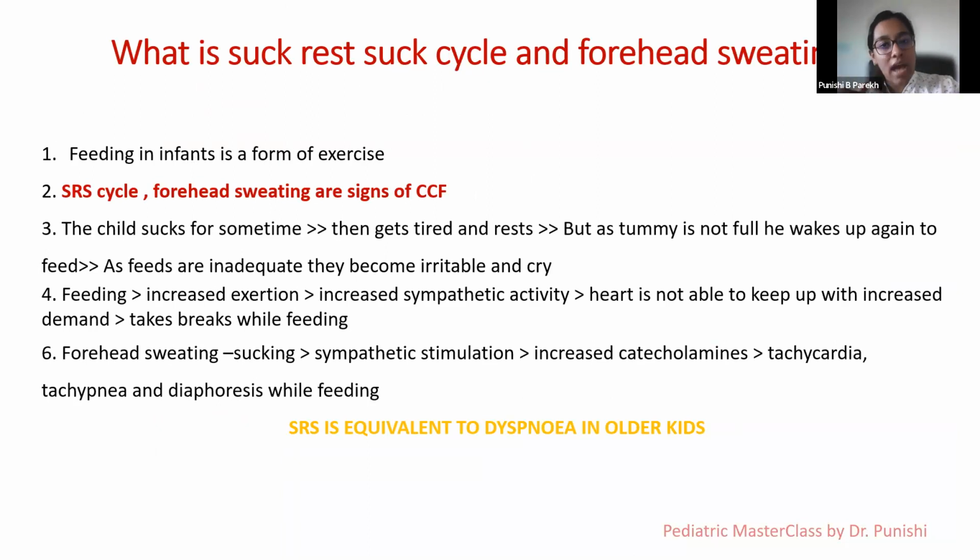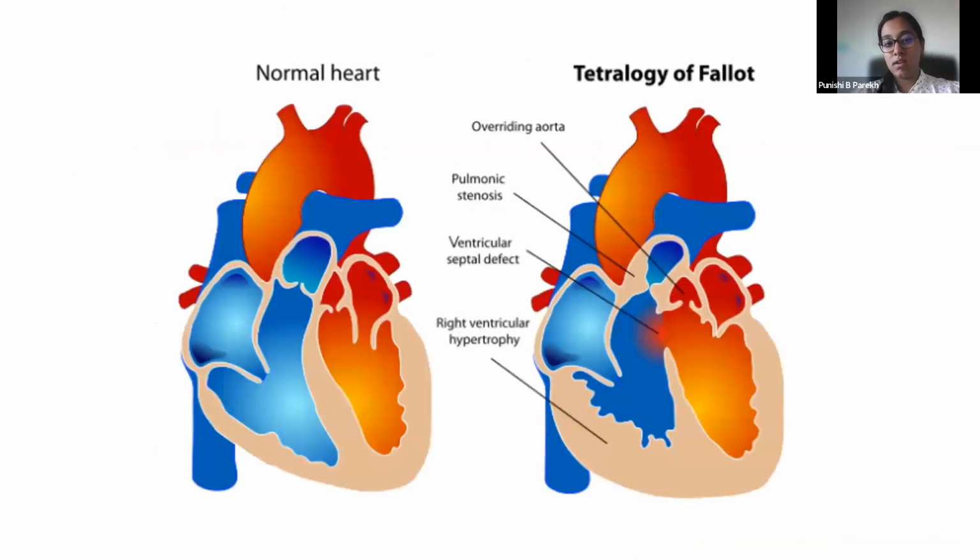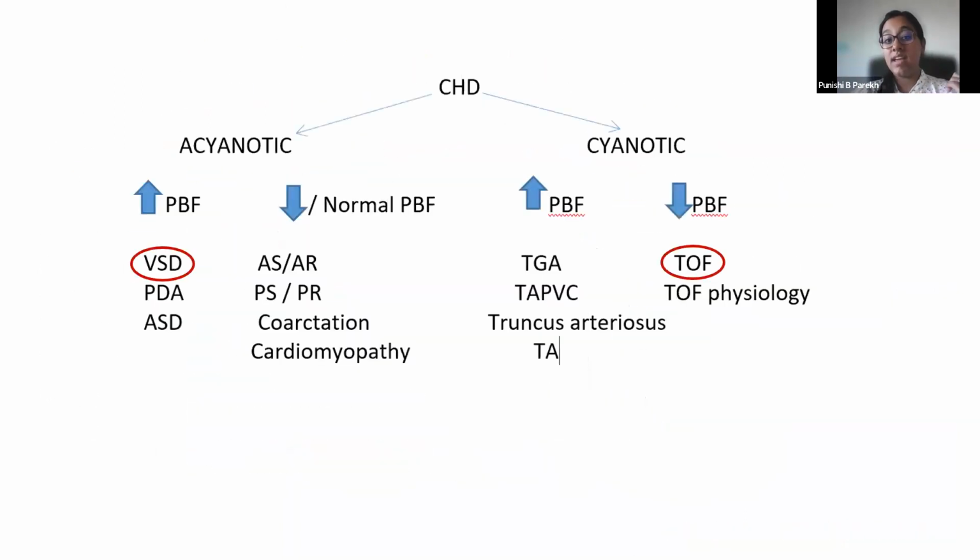They can also happen in a cyanotic heart disease, but it has to be a cyanotic heart disease with increased pulmonary blood flow. When I'm talking about suck cycle and forehead sweating, both of these signify CCF because of increased pulmonary blood flow. So it can happen in both the conditions.